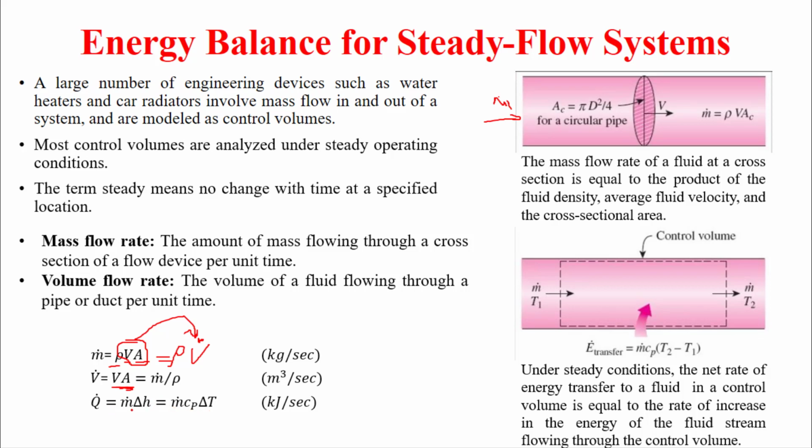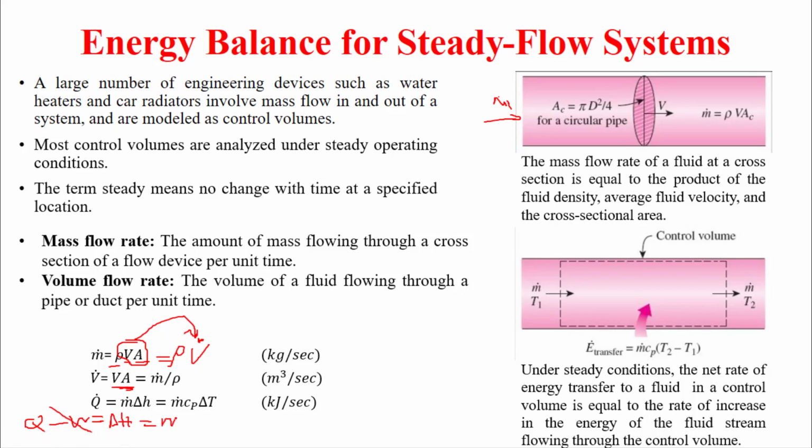Now, if I care about Q dot, then Q dot here will equal m dot delta h, or m dot Cp delta T. Remember, we started with Q minus W equals delta E, and delta E for this system is equal to delta H, and work here is equal to 0.